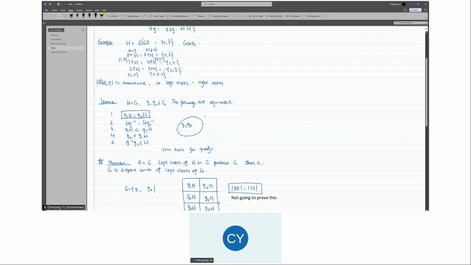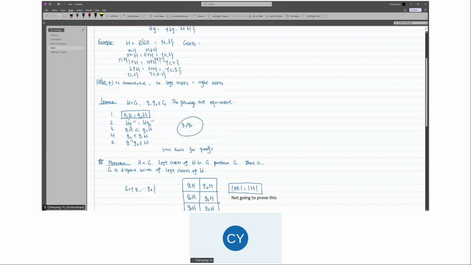Here's a lemma. This is just a tool for the proof, and it's pretty easy to prove, so I'm not going to do it. The idea is that the following are equivalent. What it means is, if one of them is true, then you can derive the others. It doesn't mean all of the following are true, just that they are equivalent.